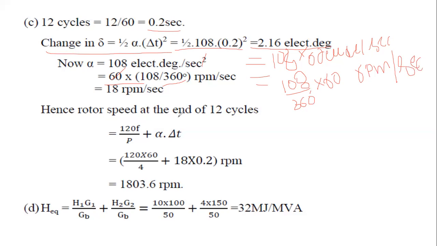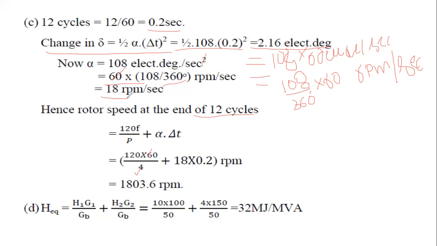Then we calculate the rotor speed at the end of the 12 cycles. That is 120 F by P plus alpha into delta T, where F is the supply frequency, that is 60, and P is the number of poles, that is 4, plus alpha. What is the alpha value in RPM per second?